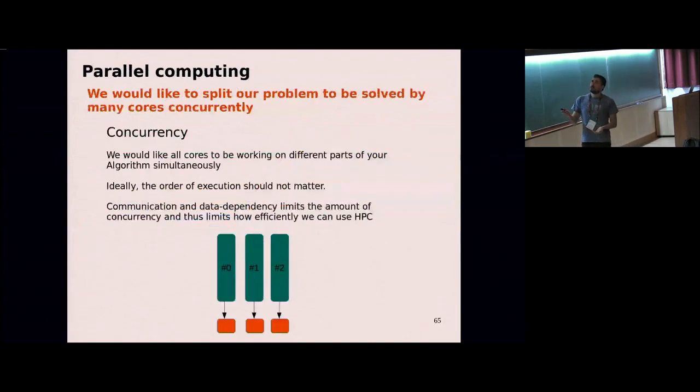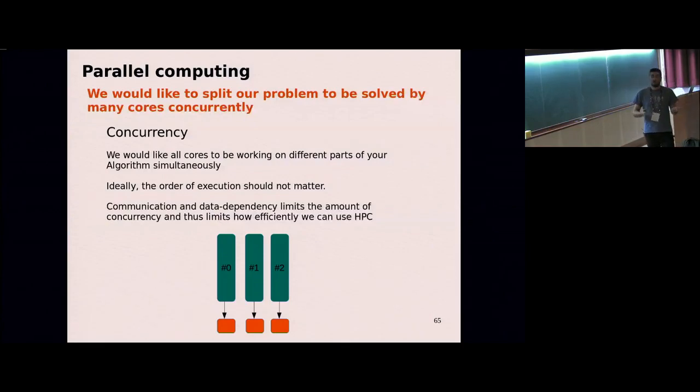So this brings the idea of parallel computing. Now it's not like you do a sequential algorithm and just solve it; we need to think about splitting our problem into many different chunks and solving them concurrently, because different cores will be solving different parts of our numerical simulation.